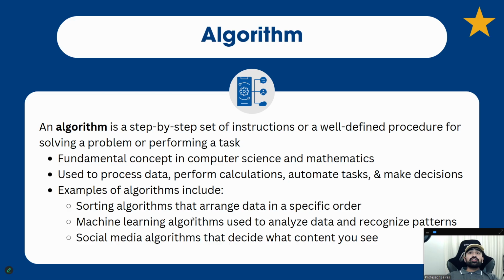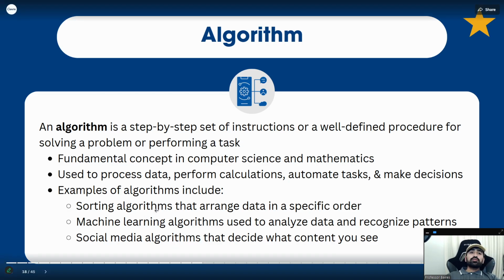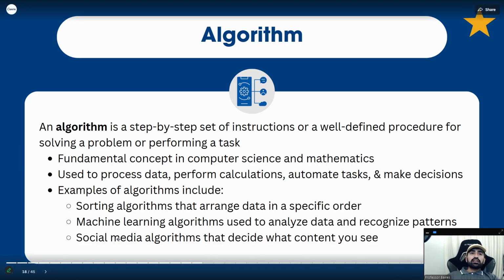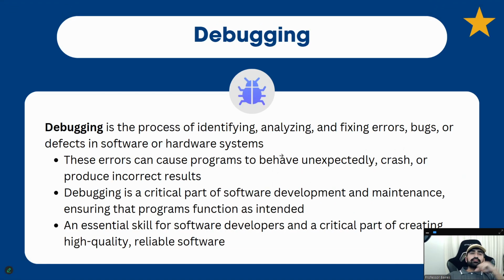So now we're using machines to learn from analyzing data. They're going to recognize patterns and be able to make decisions on new data, and potentially predict things, potentially identify problems. We're using machine learning in all sorts of sectors, in health, in computing, in physics, pretty much everywhere these days. And then, of course, something more familiar, like I said, social media algorithms. Those decide what kind of content that you see.